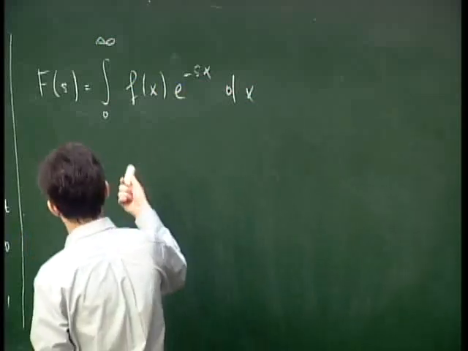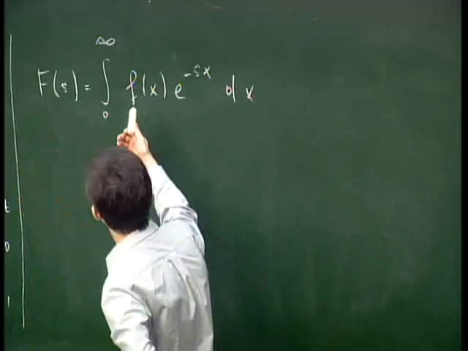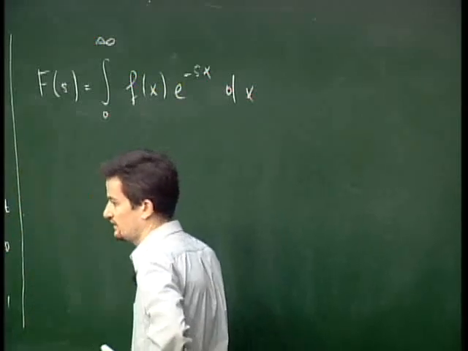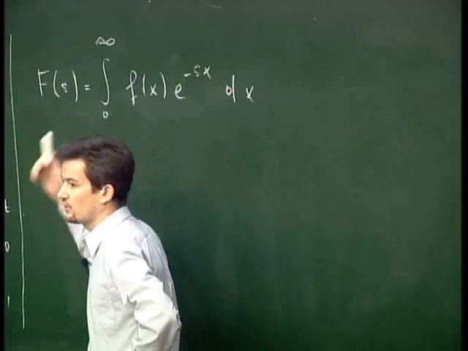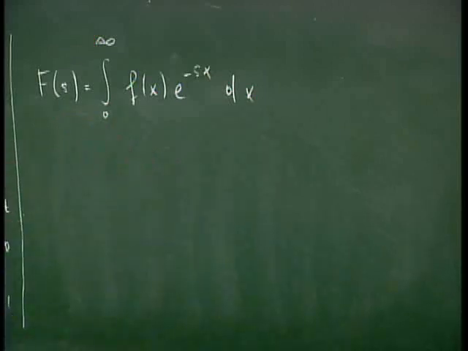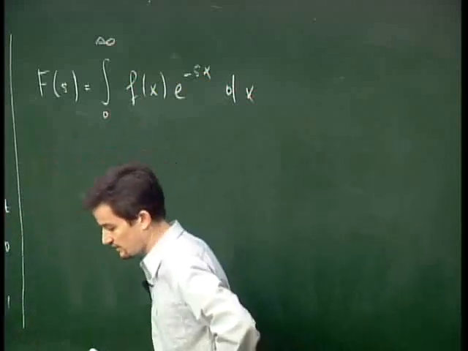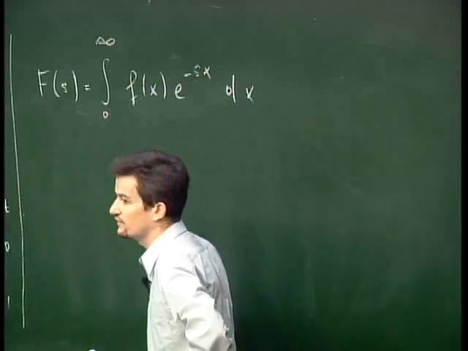I do not want to do any computation, so it's quite easy. For instance, if you choose f of x equal to 1, you can quite easily come up with the Laplace transform of the function f equal to 1. But what I want to stress is, why are engineers interested in this kind of function?